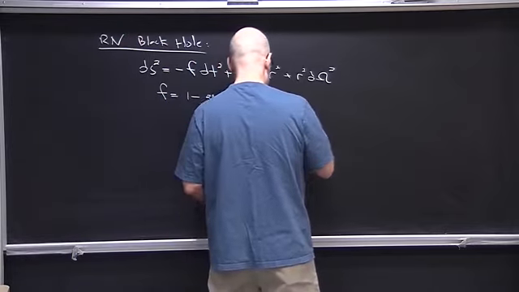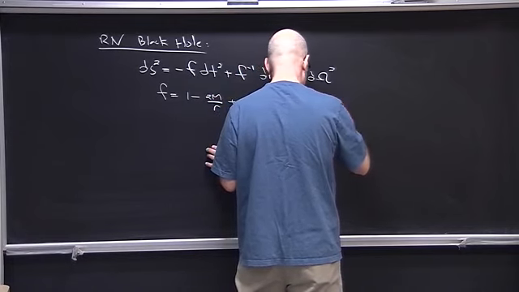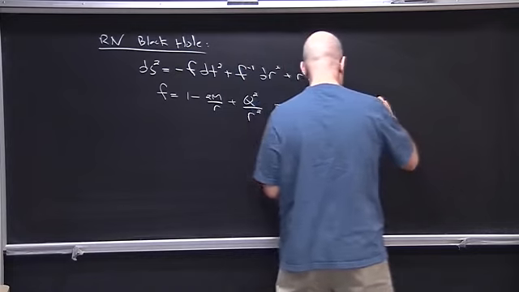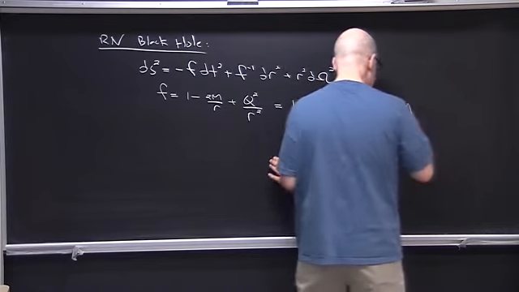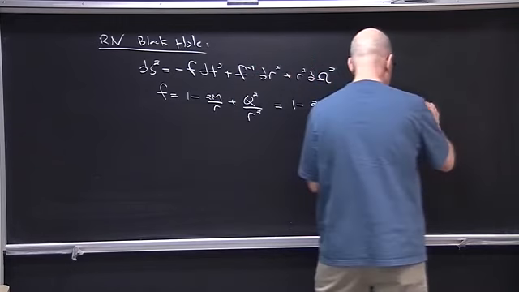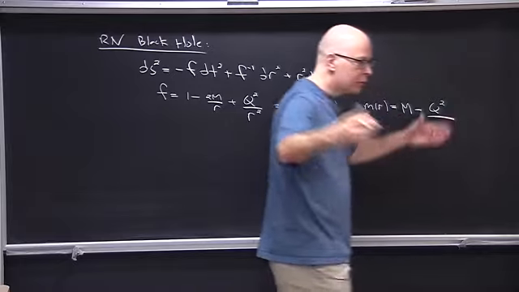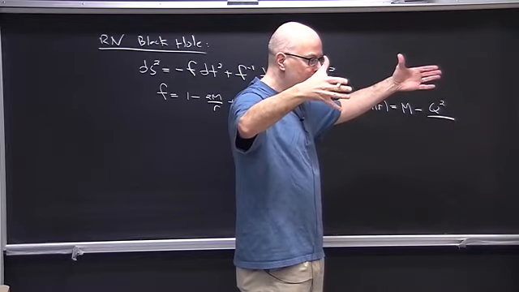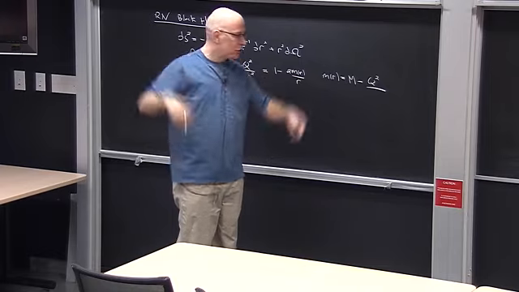The function f, as we saw before, we can always re-express in terms of a variable mass function. And the variable mass function takes the form of the constant mass that we would measure at infinity, minus the stuff that's left over when we bring the surface of radius r down to a finite value, leaving out all of this electrostatic field energy outside of that sphere.